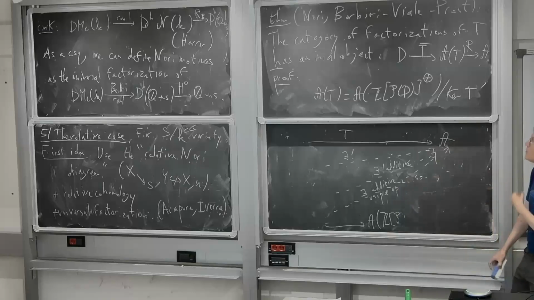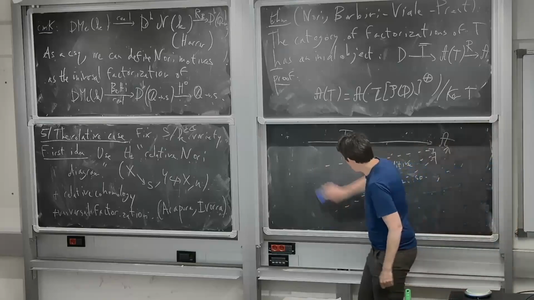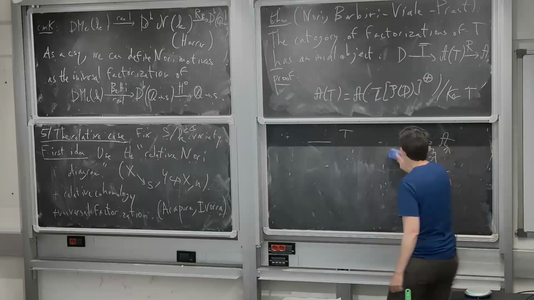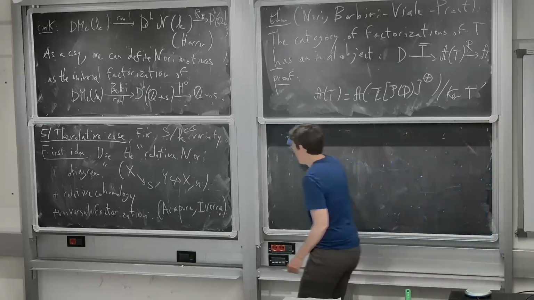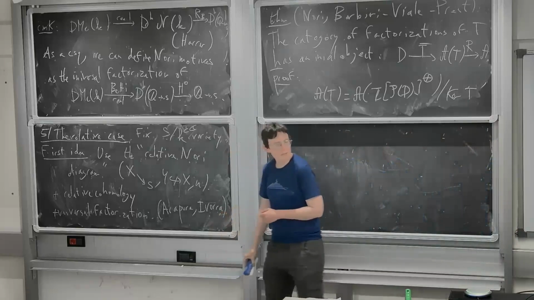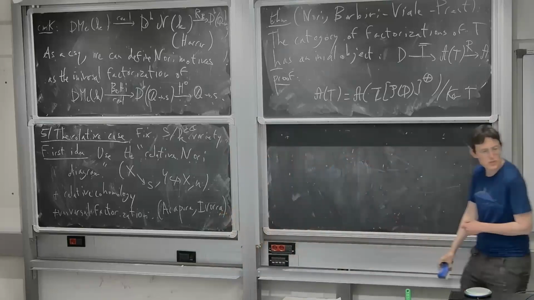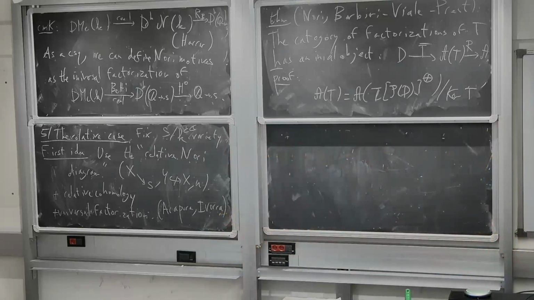So when we start trying to define these sheaf operations, we have to ask ourselves, how do we define functors on these Nori universal categories? Well, they have a universal property, which is here.